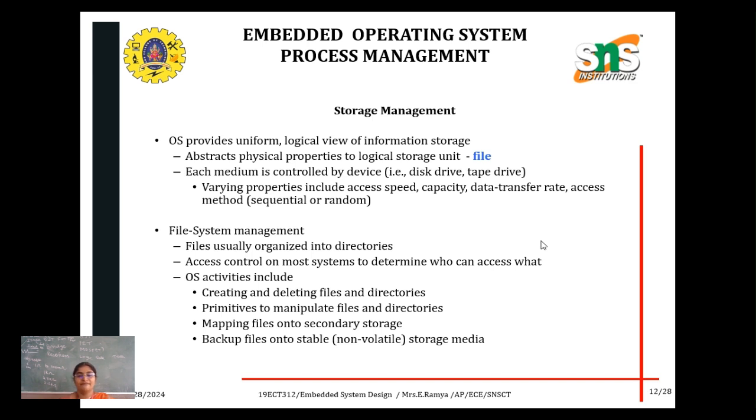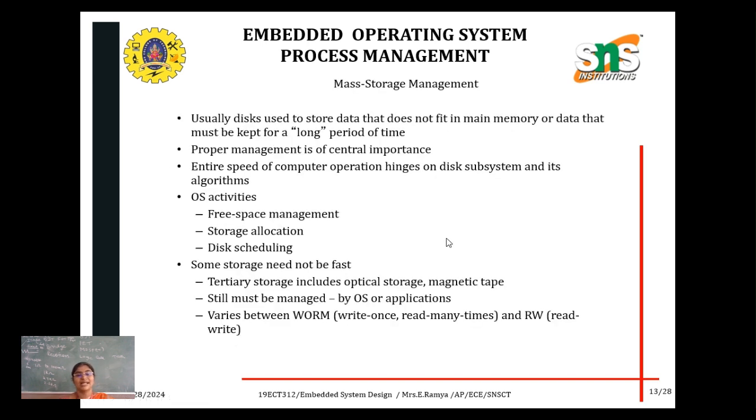What is meant by a file? An abstraction of physical properties to a logical unit is called a file. File system management is then done in the embedded operating system, as files are usually organized into directories.